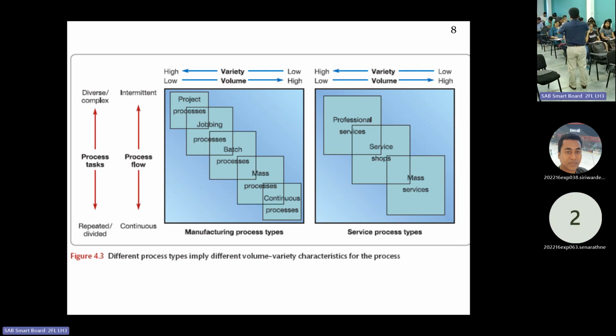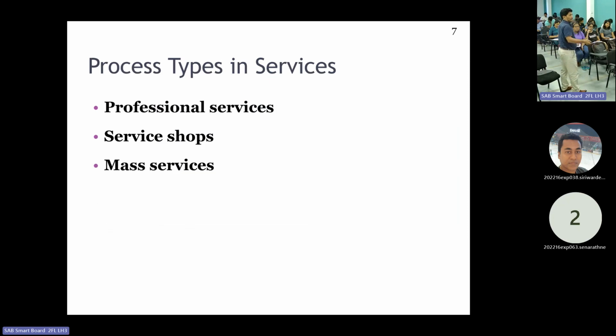It helps us see the frameworks so it is easy for us to understand the practice. Right. Materials are processed in manufacturing processes mostly. So in these service processes, what are being processed? Either customers or information.